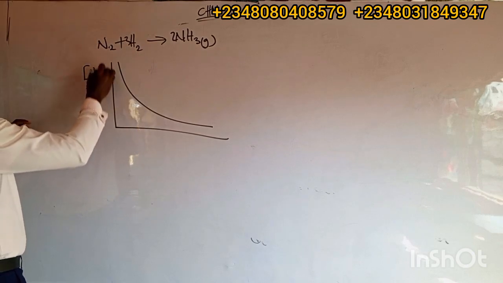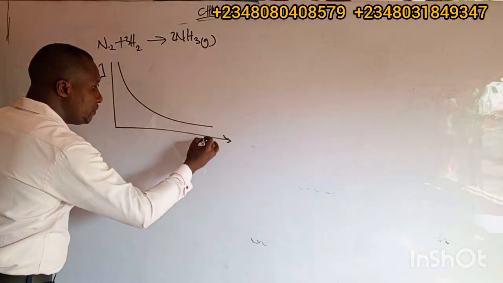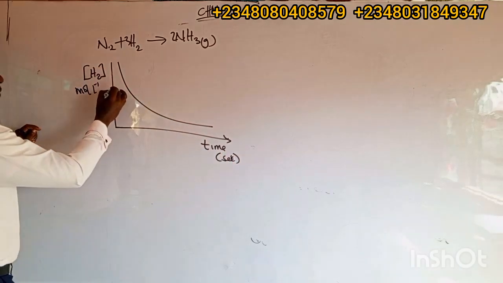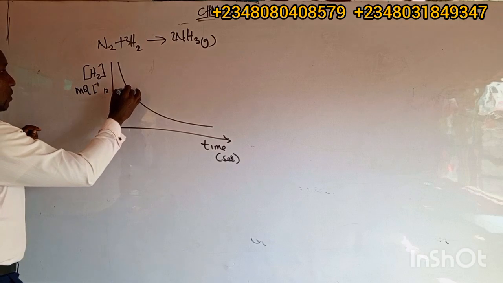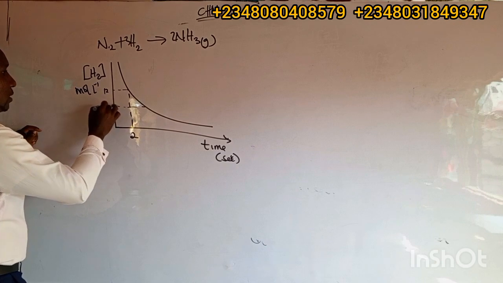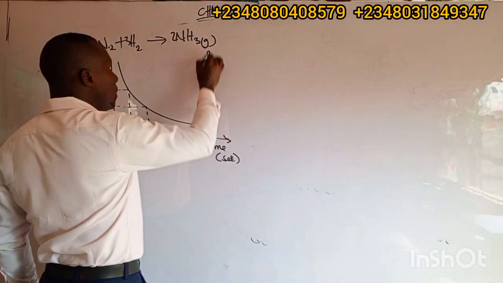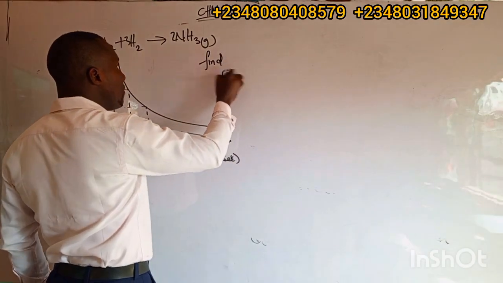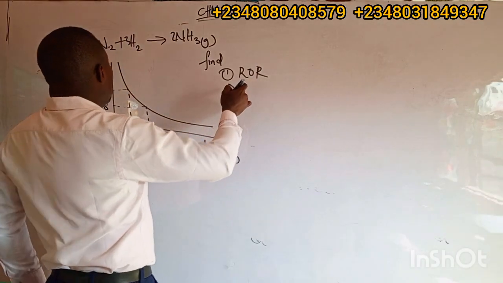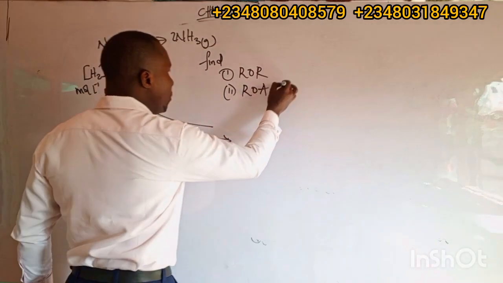Concentration in mole per liter, time in seconds. We have 12. We have 2. When concentration is 8, time is 4 seconds. Find, Roman figure 1, ROR, rate of reaction. Roman figure 2, find the rate of appearance of ammonia.